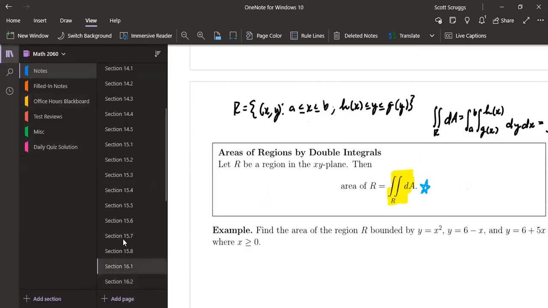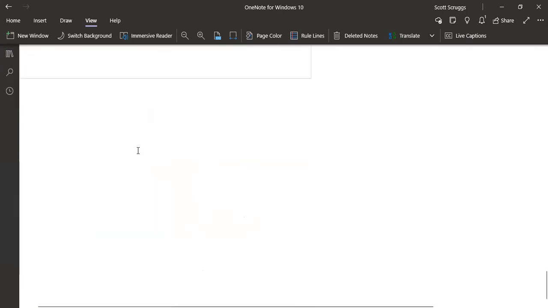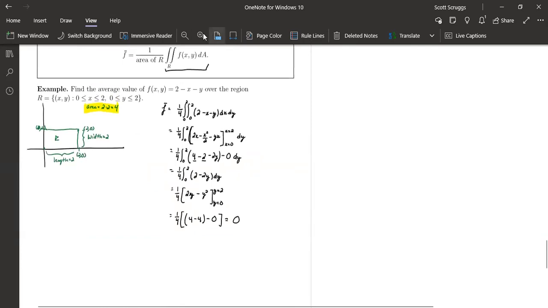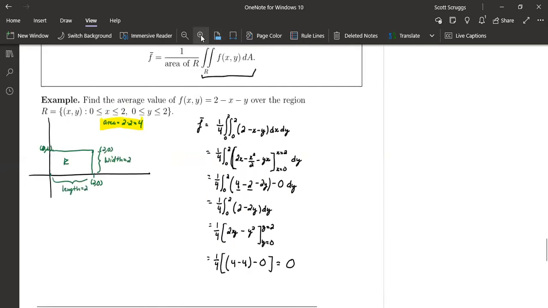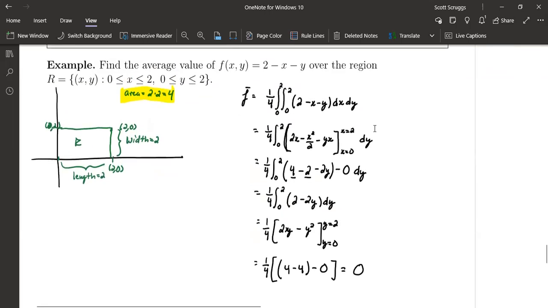And so to illustrate that, I will go back to the last example from 16.1. Recall, in that example, we calculated the area of a region R, which turned out to be a square with both length and width equal to 2.